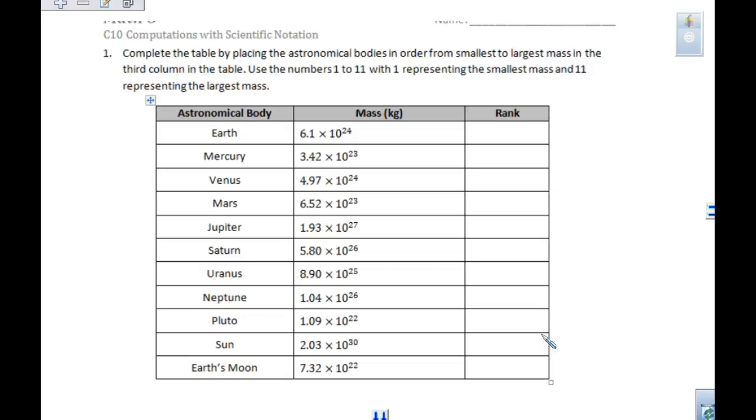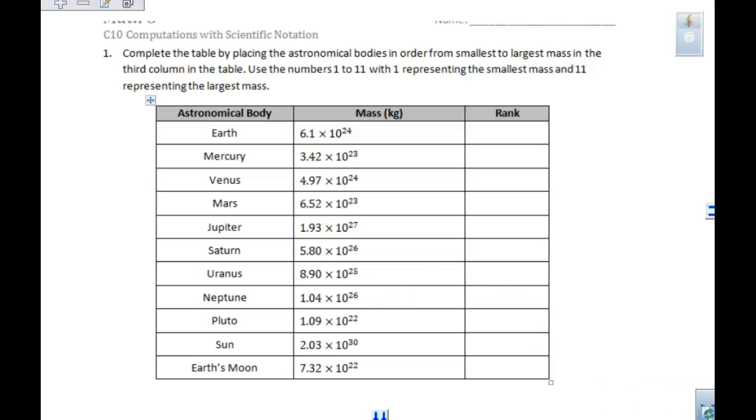If I'm looking for the smallest one, 1 is our smallest, what exponent should it have in comparison to the other ones? It's the smallest exponent, right? The largest one, like I have 30th, the sun's my biggest one, right? My smallest one is between Pluto and the moon. Which one's actually smaller? Pluto, right? 1 compared to 7. So you're going to rank those.